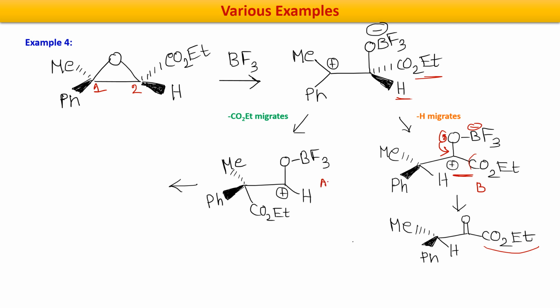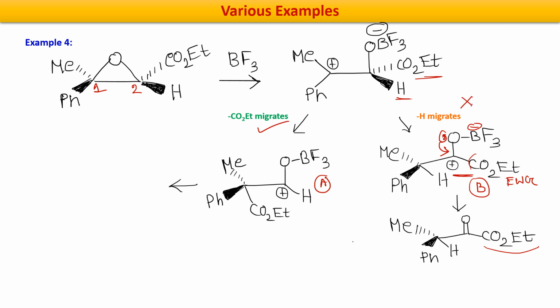So this carbocation is A. So if you observe carefully, A is more stable, because in carbocation B you have an electron-withdrawing group, which makes this carbocation very unstable. So though it seems very unusual that CO2Et is migrating, not hydrogen, what is the driving force? After CO2Et migration, the carbocation that you are getting is more stable. So based on that factor, this path is accepted, this is not.